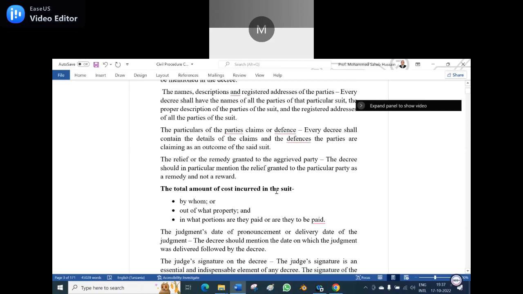What is reward? What is award? What is reward and what is award? If it is specifically mentioned, it is an award. But an extraordinary thing that you are given is called a reward.